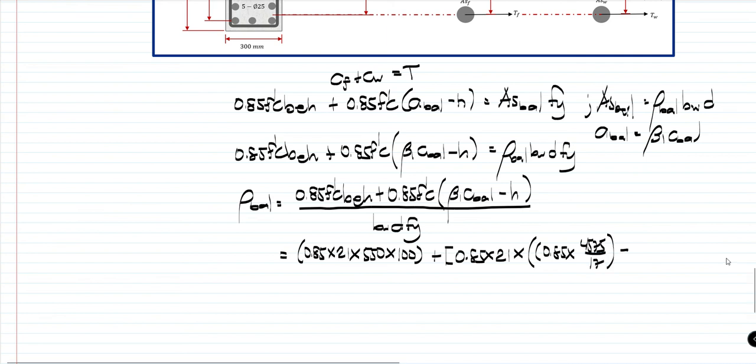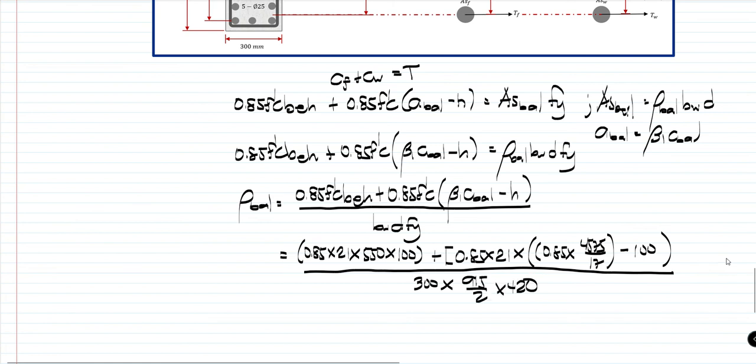Then that will be minus 100. So divided by, that is BWD, so 300 times D is 915 over 2, and our FY is 420.